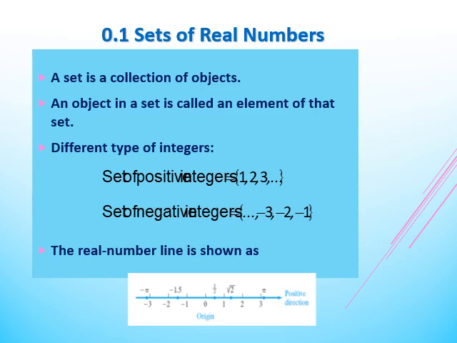The real number line is shown here in this graph, with the positive direction here on the right hand side, and the negative side is the negative direction. Here is 0, which is the origin point.